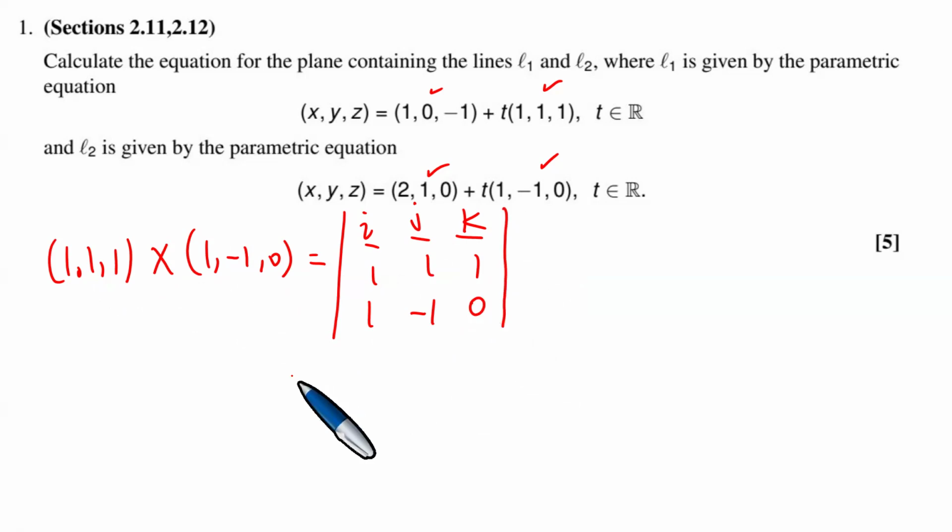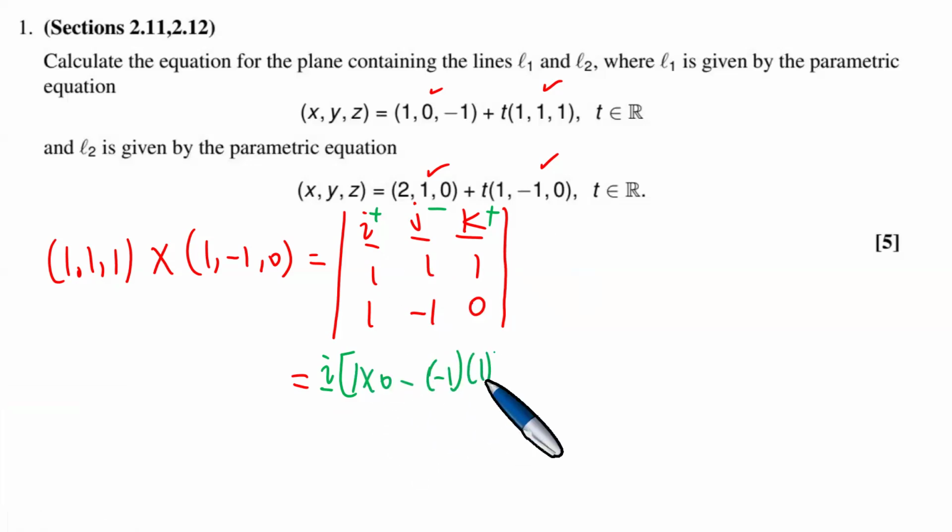Let us compute this. As we compute, we use cofactor expansion. We remind each other of the associated signs for computing our normal: plus, minus, plus. So we have the unit vector i, and we block the column and the row in which i appears, then we're left with 1, 1, -1, 0: 1 by 0 minus 1 by 1.